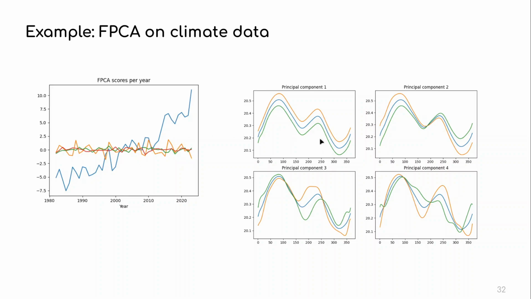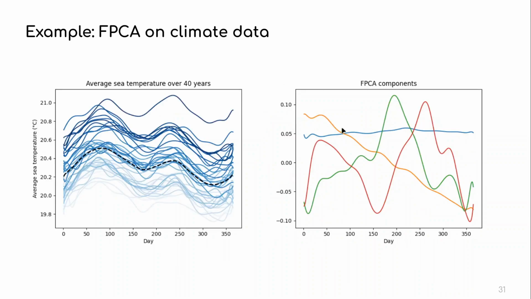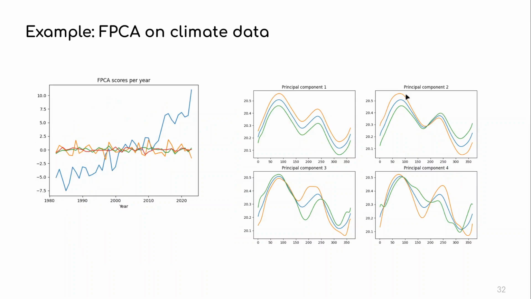And if we look at what they do, as mentioned, the first component just shifts the curve up, and the second one, because it goes from negative to positive to negative, is basically a balancing thing. It balances out the temperature differences between the first and the second half of the year.